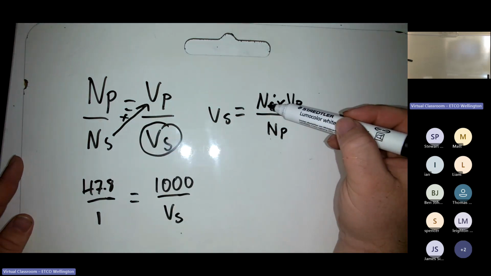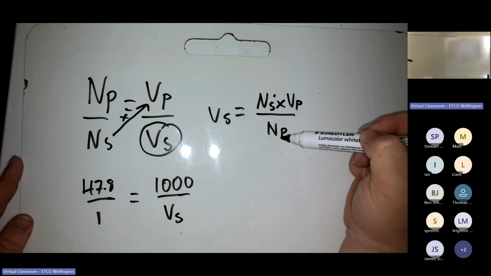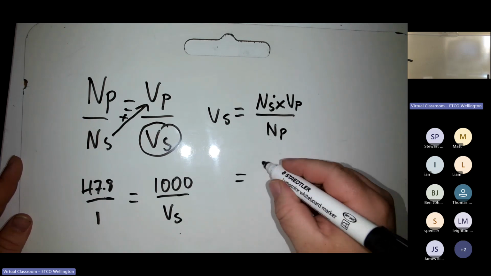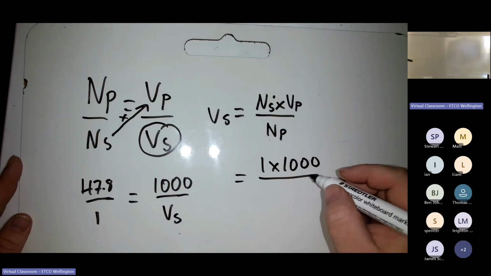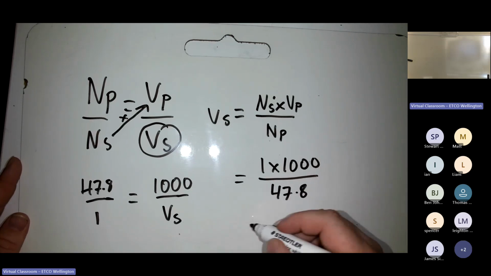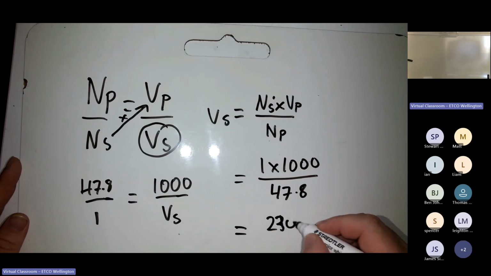So the number of secondary turns times the voltage primary, divided by the number of primary turns, which gives us 1 times 1000 divided by 47.8, which gives us 230 volts.